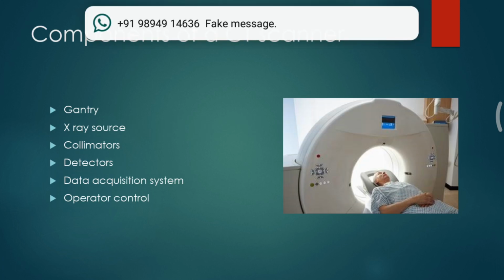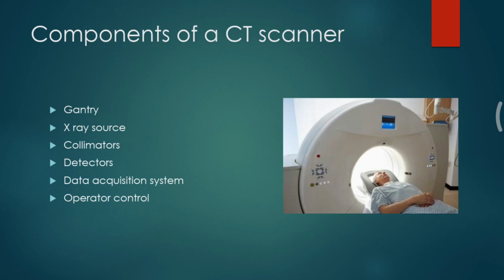The components of a CT scanner include a gantry, which is the round shape which you see in the picture. The next one is an X-ray source. It consists of a device called a collimator.